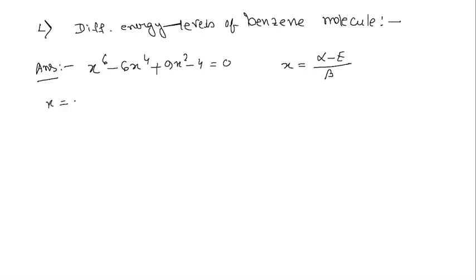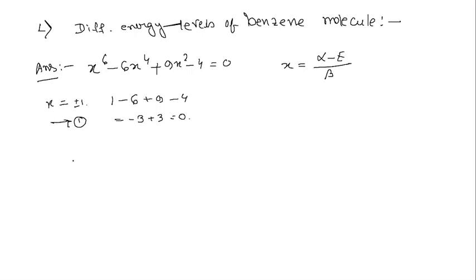If x equals plus or minus 1, because these terms are even, plus or minus doesn't change anything, then what will be the value? 1 minus 6 plus 6 minus 4, minus 3 plus 3, it will be 0. So x equals plus or minus 1 is one of the factors of this equation.